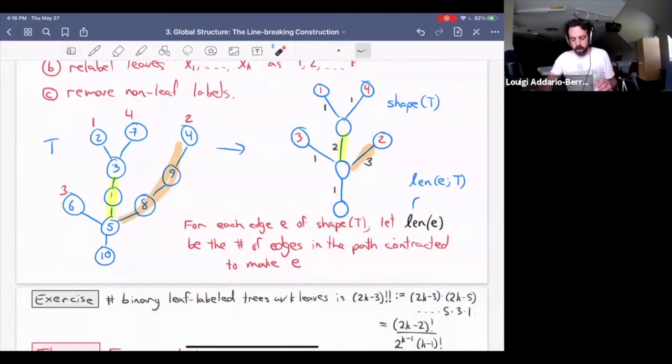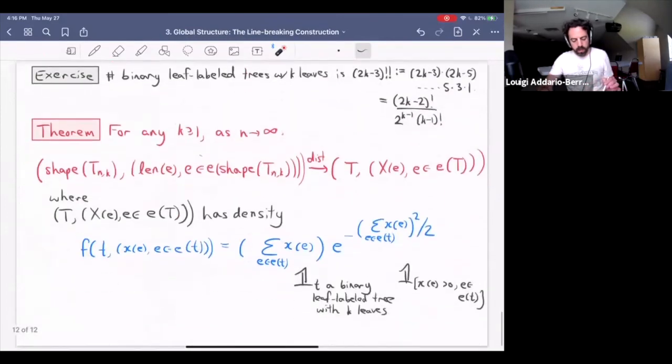In general, when you take a shape, it doesn't have to be a binary tree. It could be a single path. It could have branch points of degree greater than 2, which would make it non-binary. But part of the content of this theorem says that in the limit, with high probability, when we sample a finite number of leaves of this random tree, we only see binary trees come out the other side.